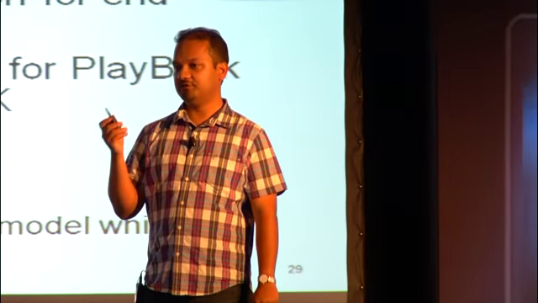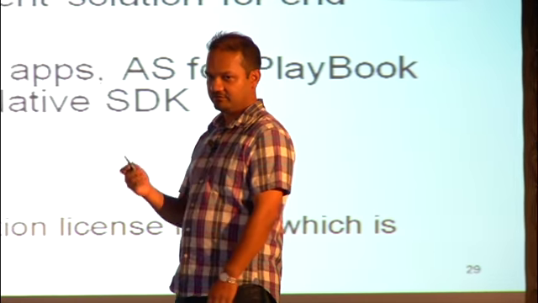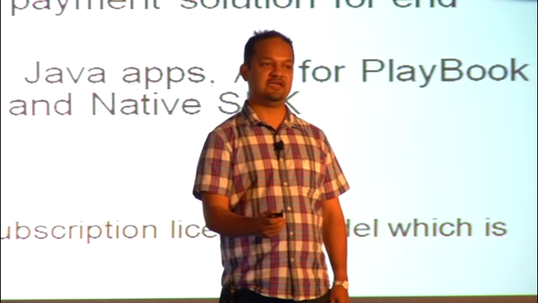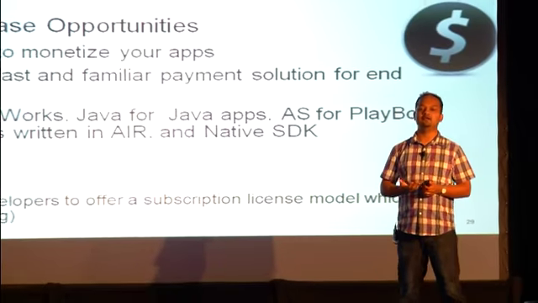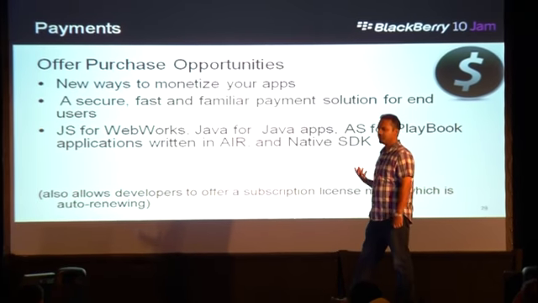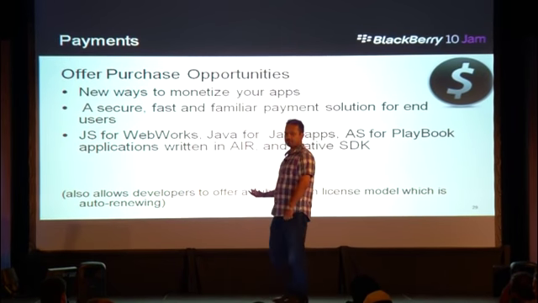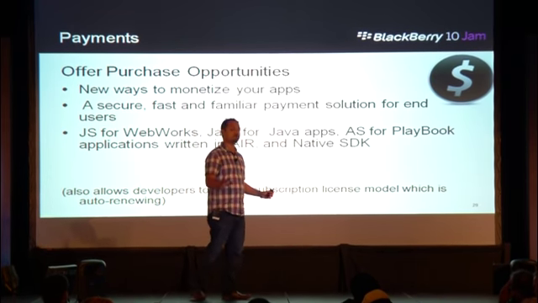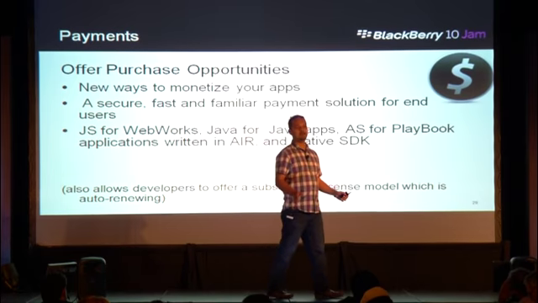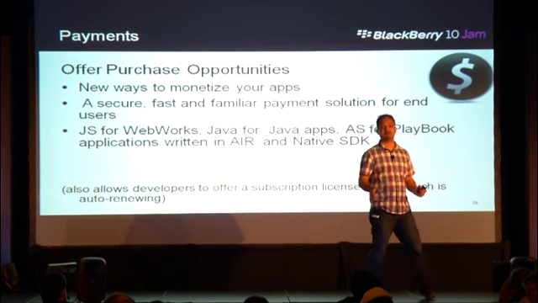So once the user clicks on an item that he or she needs to buy within your application, a nice familiar flow comes in from BlackBerry App World, prompting the user, do you want to purchase this? So no credit card information, no PayPal information needs to be shared with your application. And that makes the user really, really comfortable.